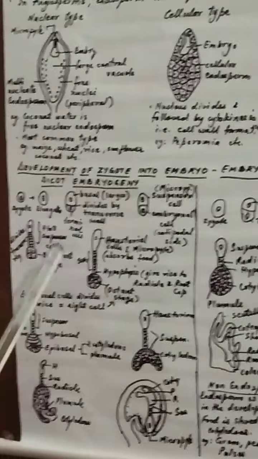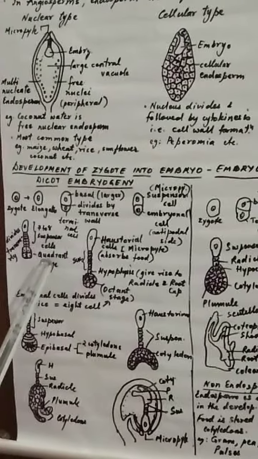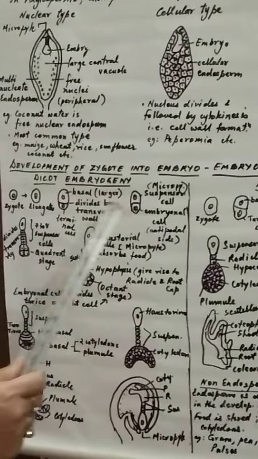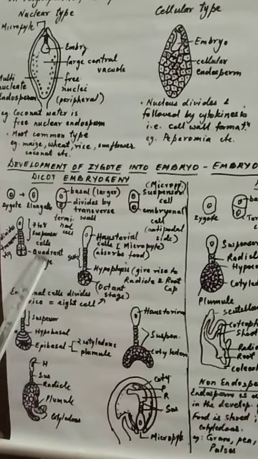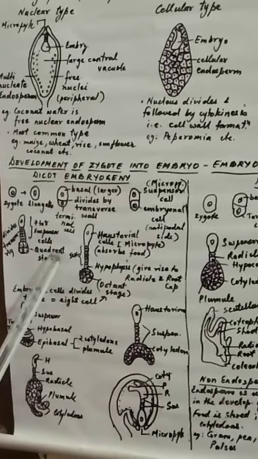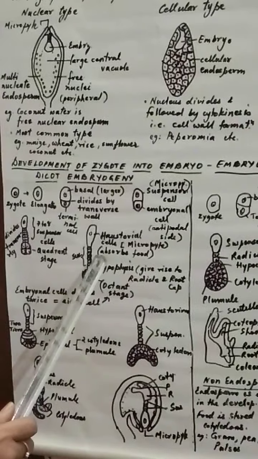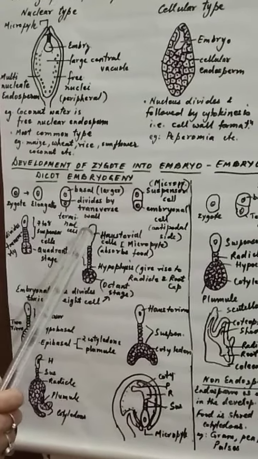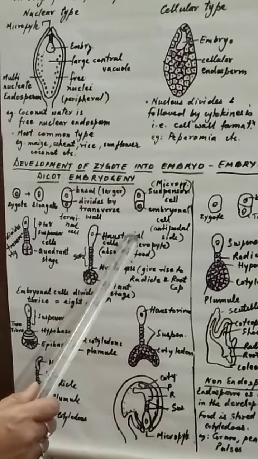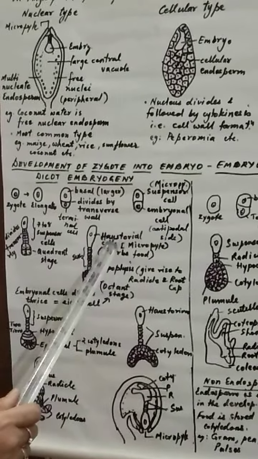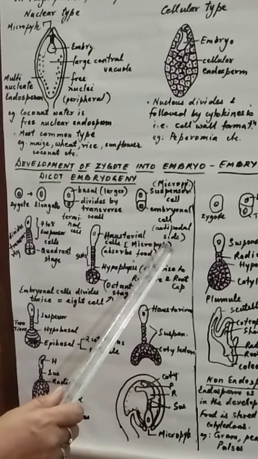At the same time, embryonal cell also undergoes division, and from 1 they become 2, 2 to 4, and so here this is quadrant stage. In the suspensor cells, the upper one enlarges and becomes haustorial cell. This is towards the micropyle end.